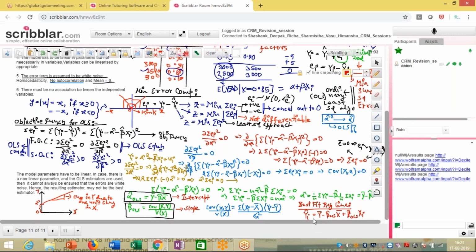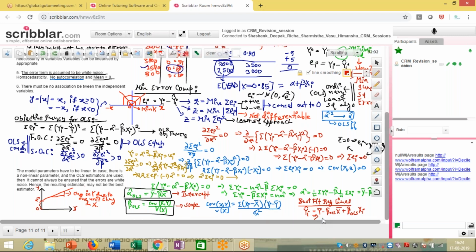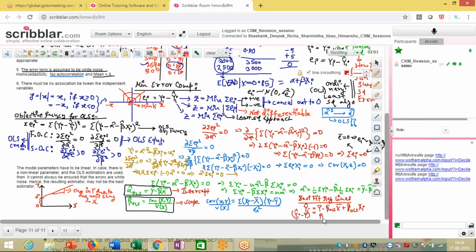So now the next part is, I'll just take this yi hat minus y bar, then this beta hat OLS xi minus x bar.